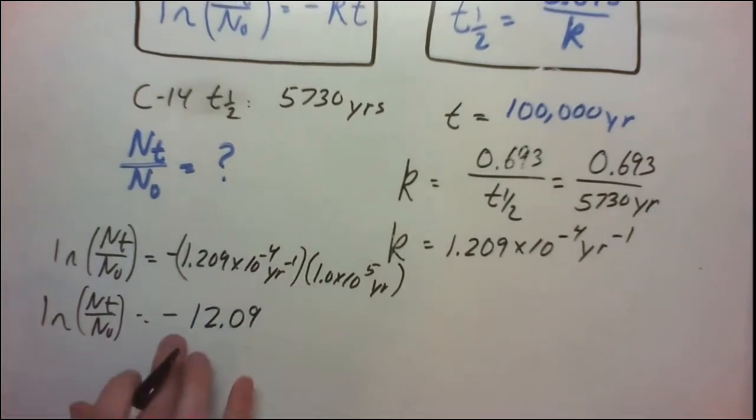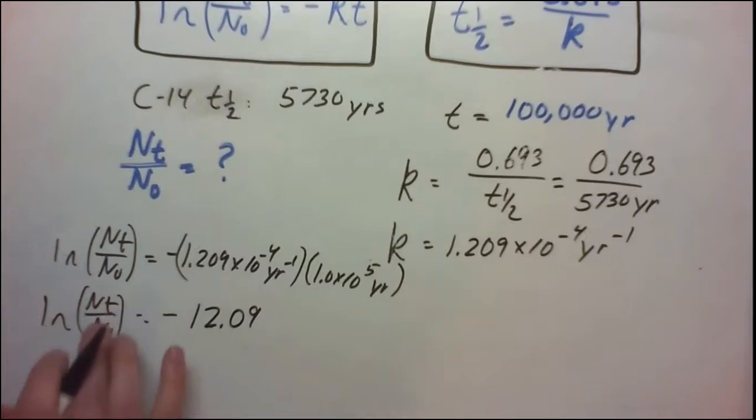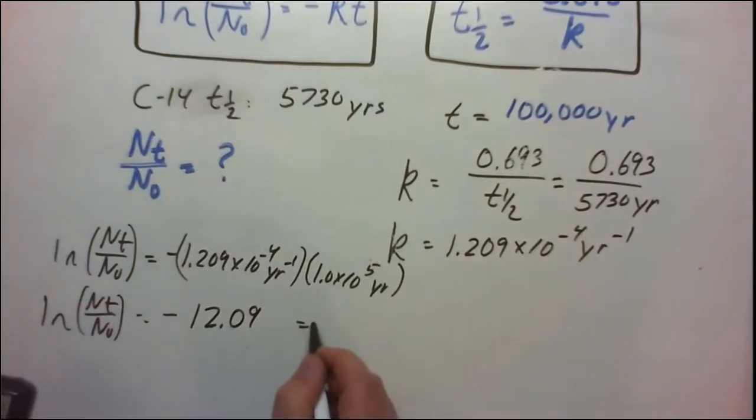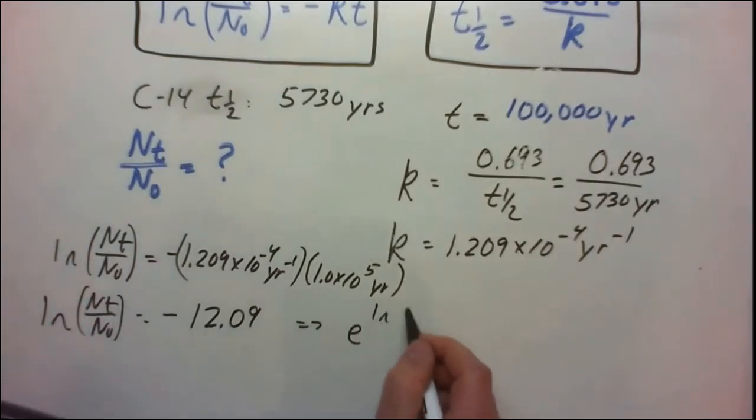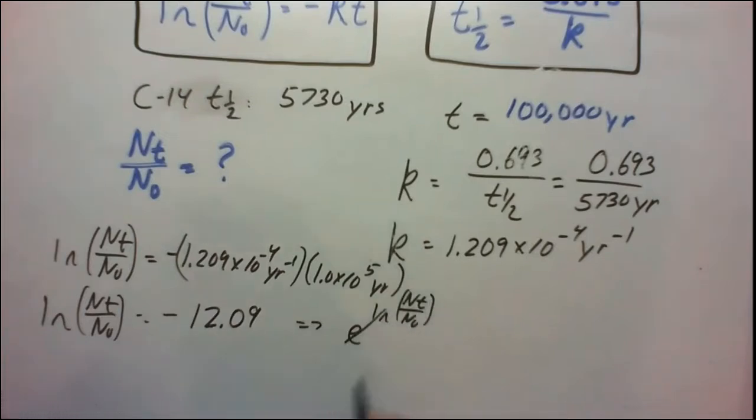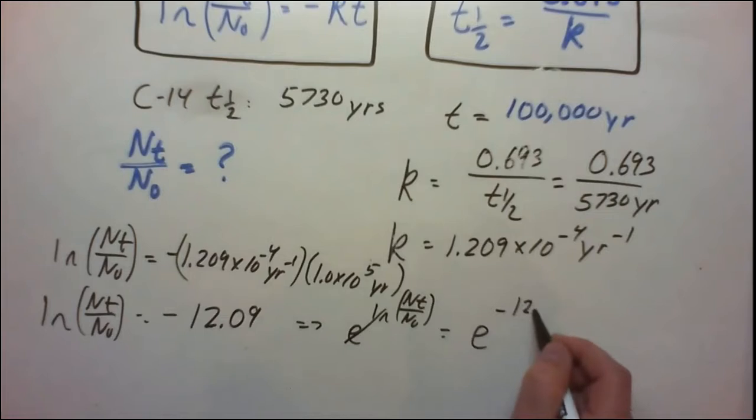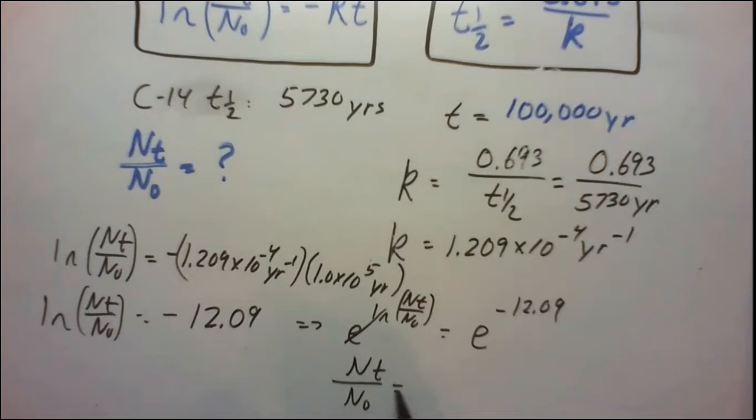So we can use e to the negative 12.09, e to the natural log of this ratio. So then what we get is e to the natural log of this ratio, so e cancels out natural log, is equal to e to the negative 12.09. In other words, our ratio of nt over n0 is equal to e to the negative 12.09.